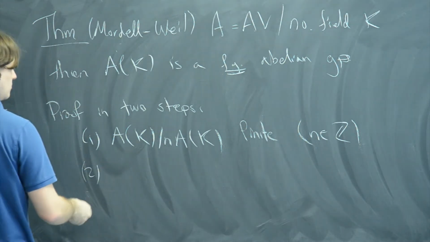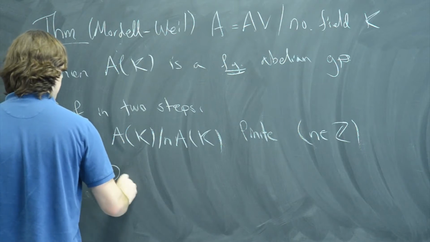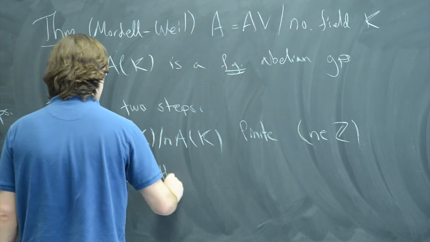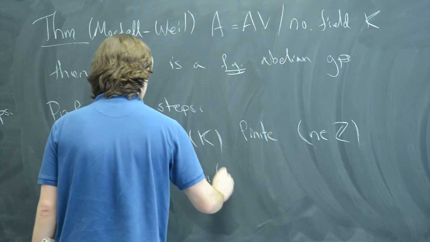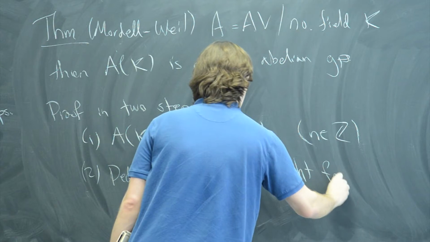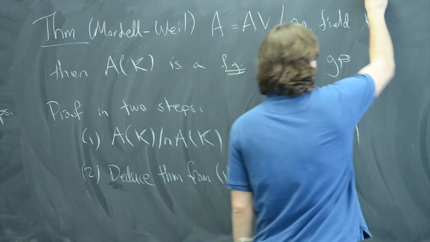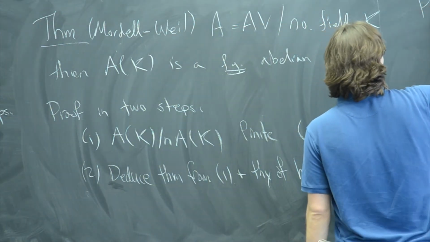And then second, you deduce the full theorem from this using height functions. I'm not going to say anything about step 2, but I want to go over the proof of step 1, because we're going to use the same ideas later. So, proof of 1.